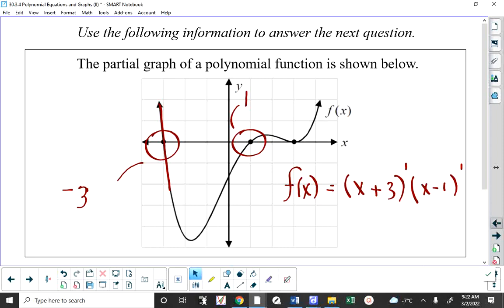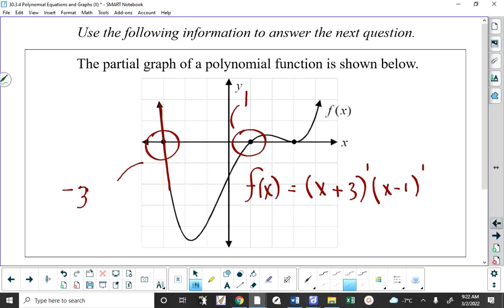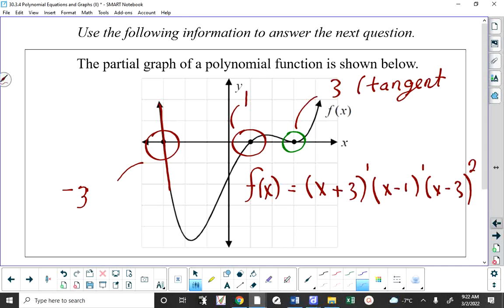But this particular x-intercept at positive 3, which would yield a factor of x minus 3, doesn't actually pass through the x-axis. It's tangent to the x-axis. So this is a point of tangency, and this is at x equals 3. And we learned yesterday that if the x-intercept occurs at a tangent point, that's a multiplicity on that factor of 2, or a degree of 2.